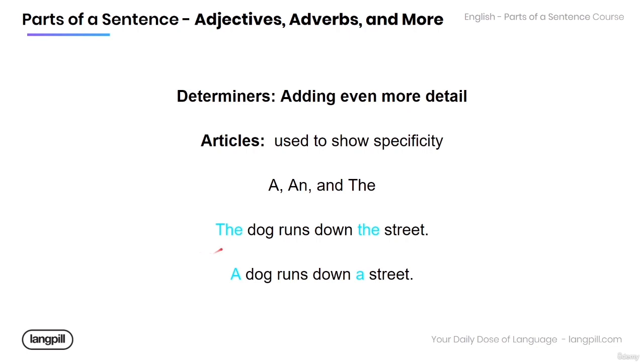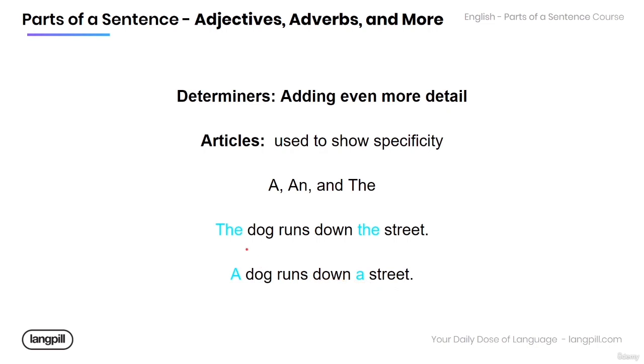Articles are always used. Articles show specificity, so they show that it's a specific thing. And the articles we have in English are a, an, and the. So we have the dog runs down the street, or a dog runs down a street.